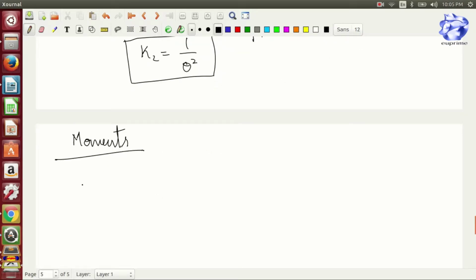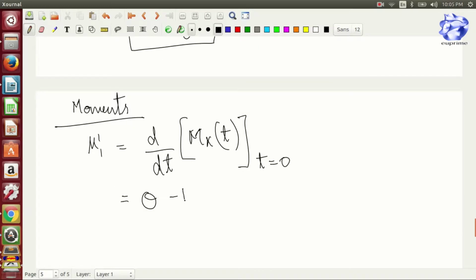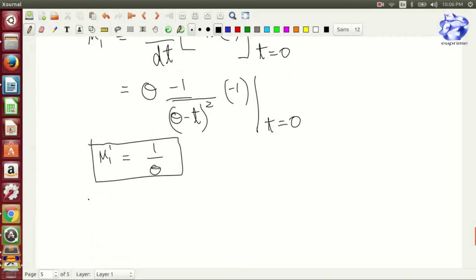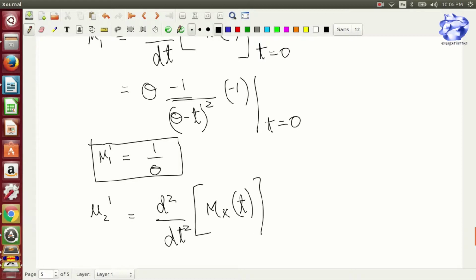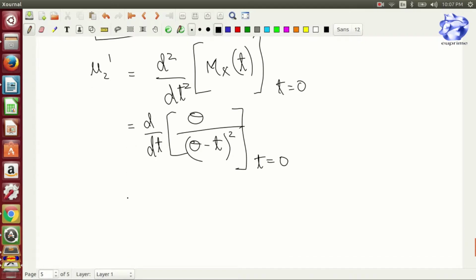We can also find moments using the moment generating function itself, as the first differentiation of the moment generating function, which is like the cumulant generating function k1. And the second differentiation will give us mu2 prime as 2 by theta square.